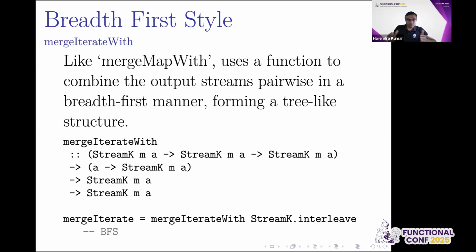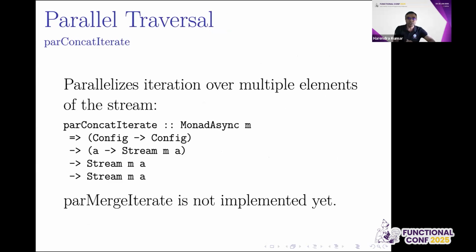So this basically gives us a breadth first style of traversal. Here we will use merge iterate with StreamK.interleave. This function is interleaving, which basically merges two streams together in an interleaved manner rather than appending them. It will take one element from one stream, then another element from the other stream.